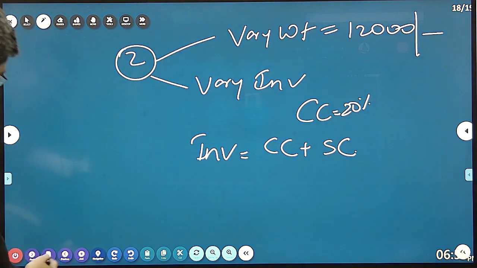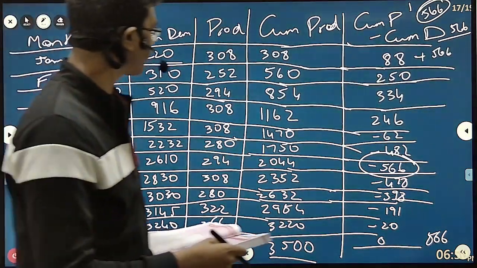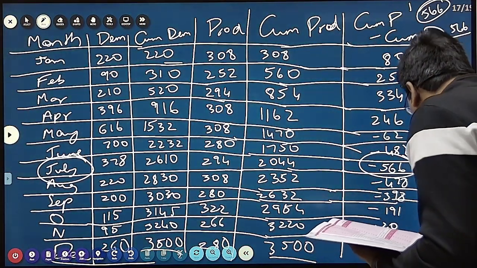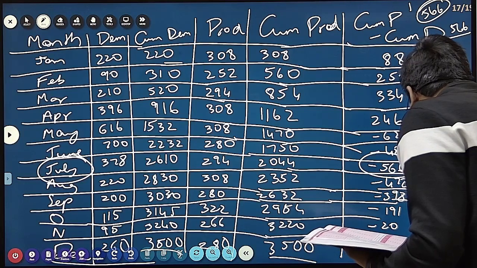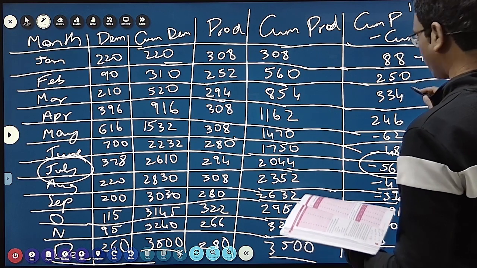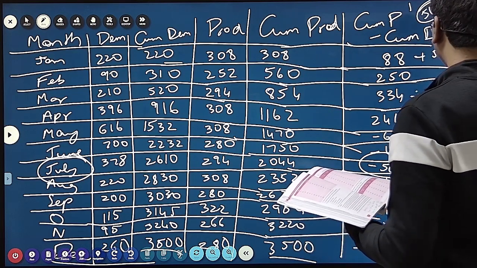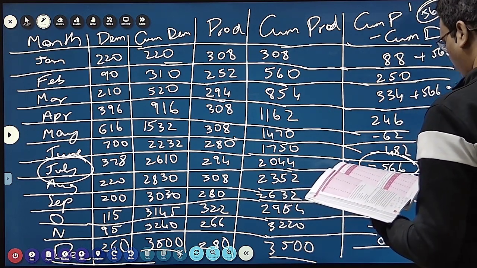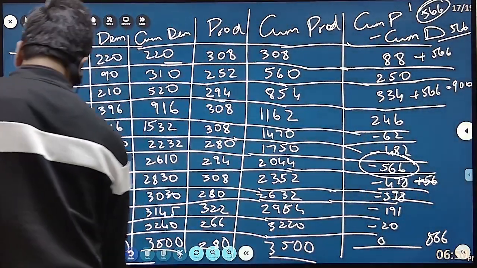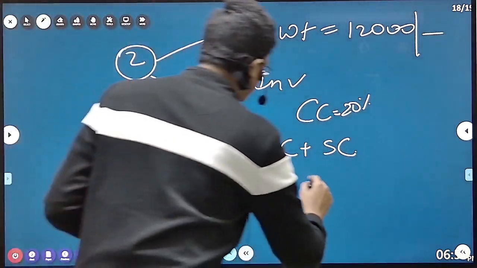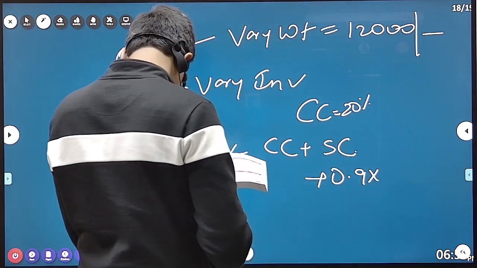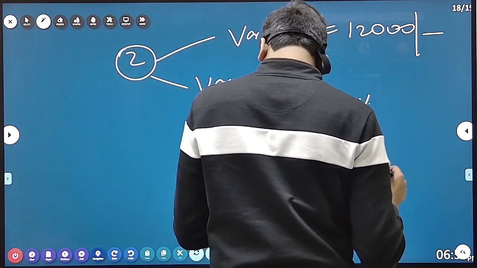If you go back to the previous, you can see where you will get the maximum inventory level. Oh no, this is a minus value, I'm sorry. 334 here, plus 566 would be 900. So this is your maximum inventory level. So this is 0.9 per unit, into 900.